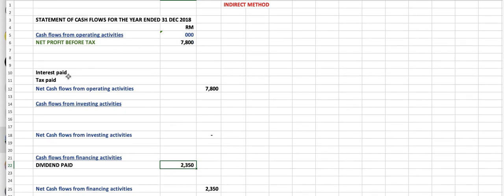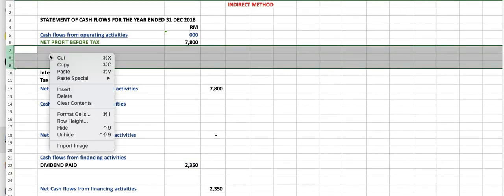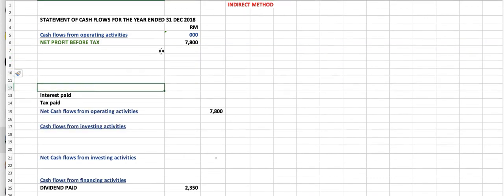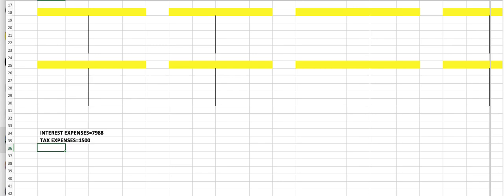Interest should be deducted down here. So what we do, we need to adjust the interest that has already been deducted in this figure 7,800 dalam net profit. So kita kena add back lah. Okay, nanti saya tunjukkan saya belum tunjuk.